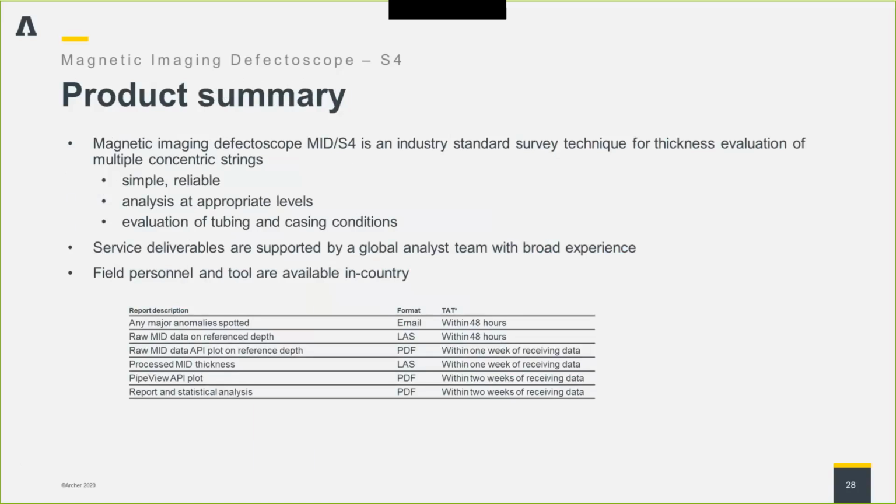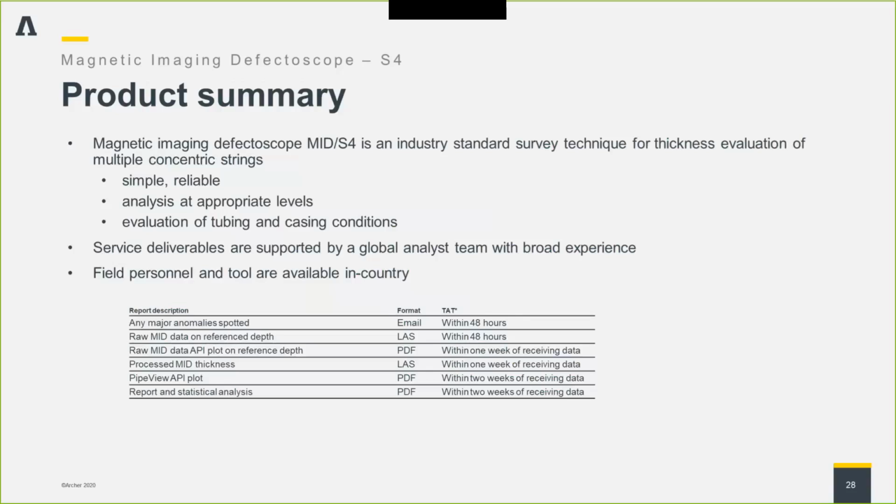We can look at the raw data just for overview, and then we can go into far more detailed analysis, and we can evaluate tubing and casing. The deliverables are supported by a global analyst team, so we can provide 24/7 response for this. We have broad experience of different areas and different interpretation.